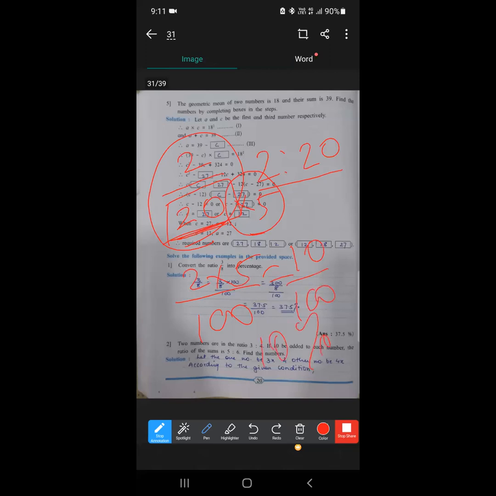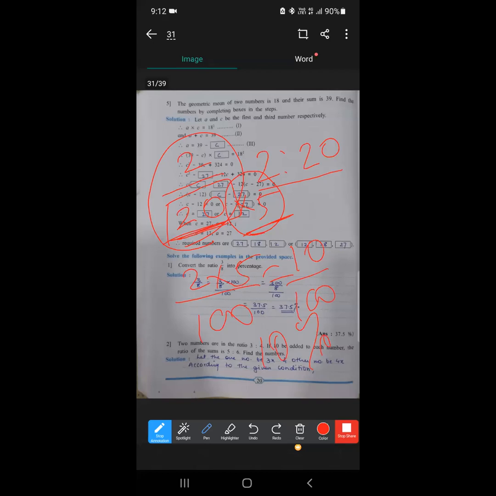It is not that you are multiplying by 5 in the denominator and 2 in the numerator. No, whatever number you are dividing or multiplying by, it should be a constant. You don't have any right to change that constant. It is fixed. This is given in your textbook itself under the properties of ratios.